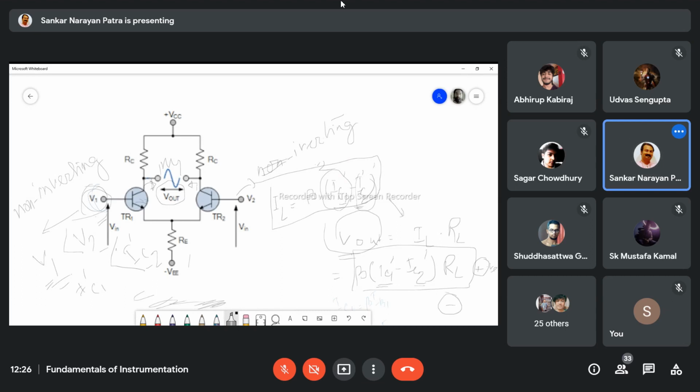So look here, V2 might be a positive voltage, but the output here is negative. So this is then the inverting terminal. Is it clear?